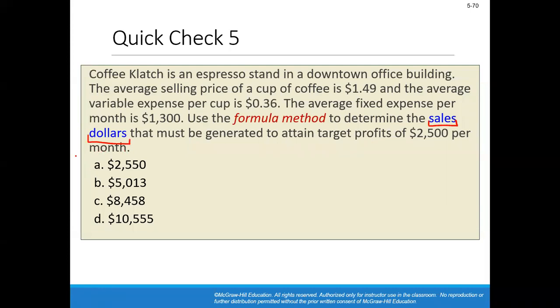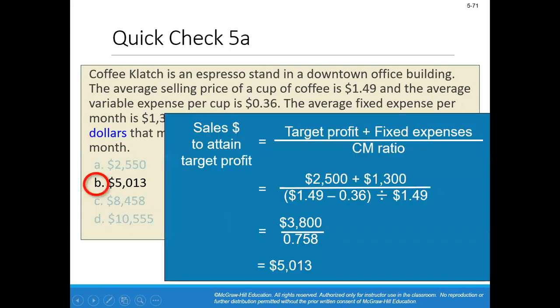The same thing: you just need to use what I wrote first, the contribution margin ratio. If I use the contribution margin ratio, I will get the sales in terms of dollars. So in terms of sales dollars, this is 513.